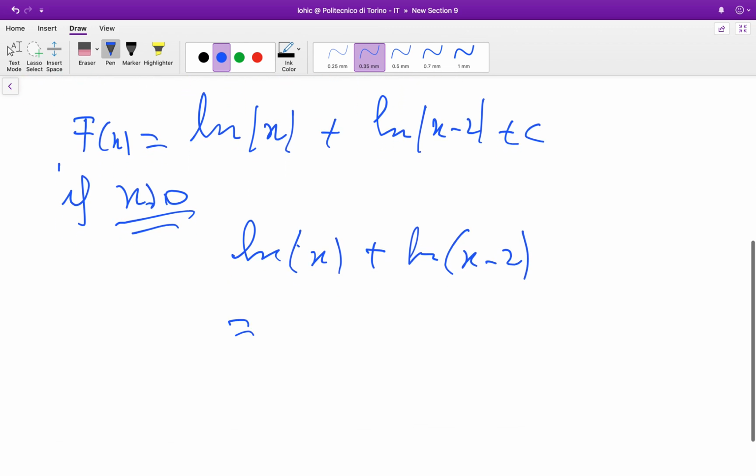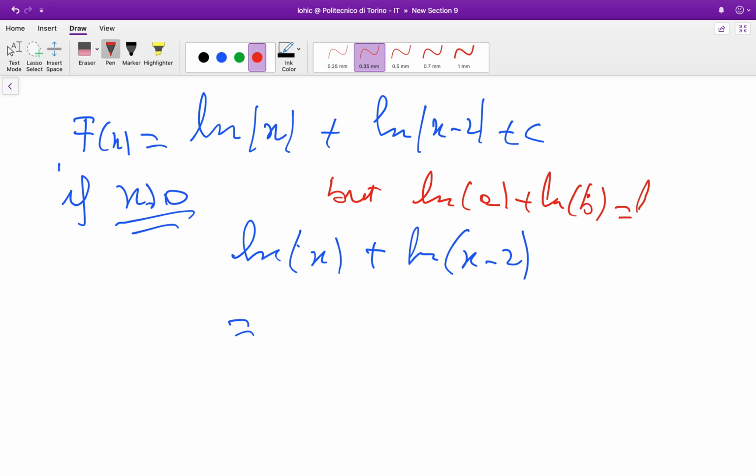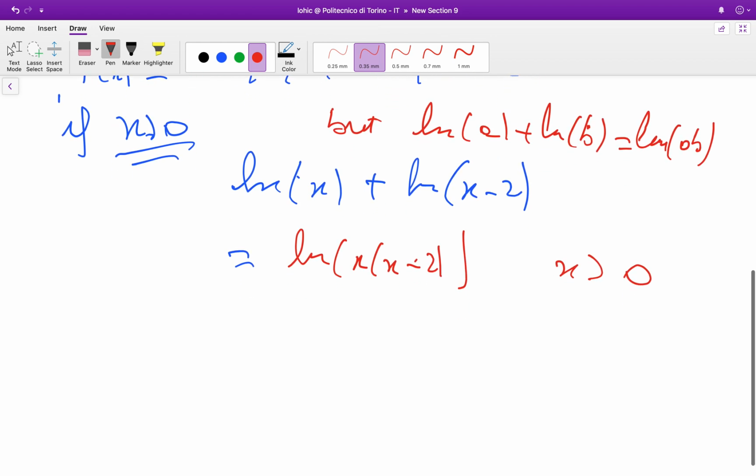I remind you of this property of the logarithm: when you have log of a plus log of b, it is the log of ab, yes or not? So this can be written like log of x multiplied by x minus 2, but this holds only for x greater than 0.